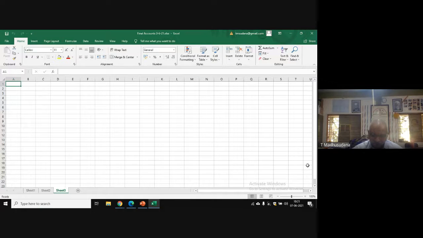New provision means the provision given in the adjustment. In this problem, old provision is 1,050. New provision is 1,000. Okay. So this can be treated in two ways. Any of the methods can be adopted.